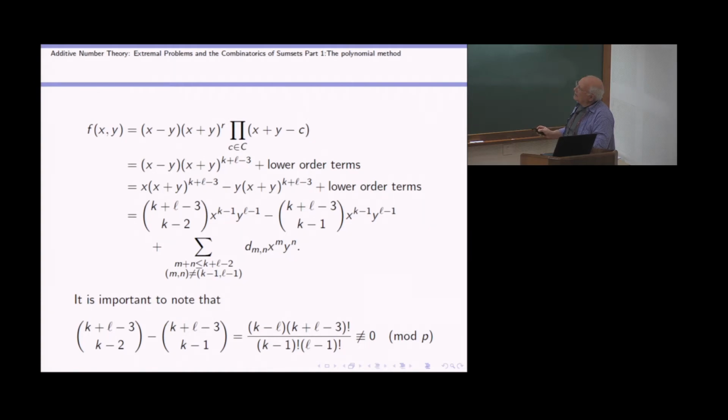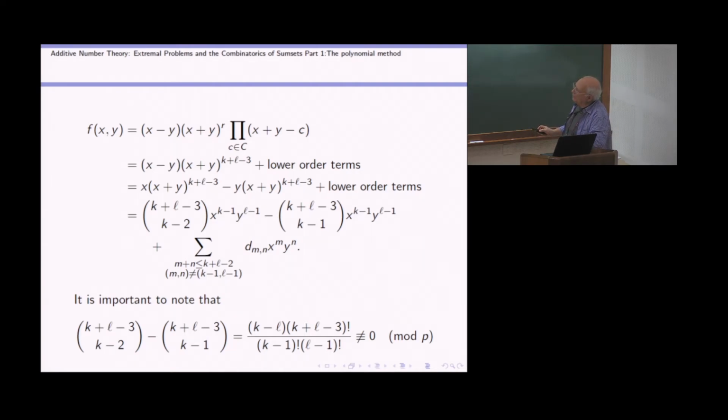And you actually get two terms with the monomial x to the K minus 1, y to the L minus 1. Here, when you take the binomial coefficient K plus L minus 3 choose K minus 2. And here, when you take the binomial coefficient K plus L minus 3 choose K minus 1. And then you have lots of other terms.